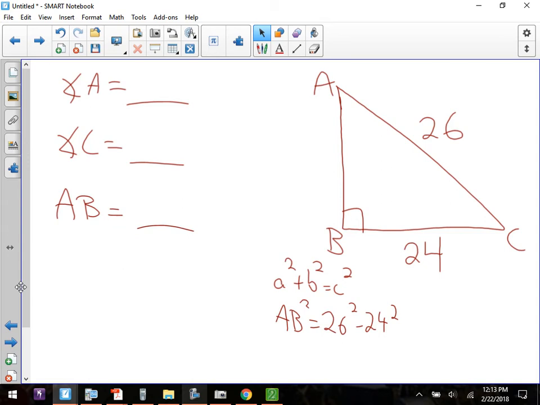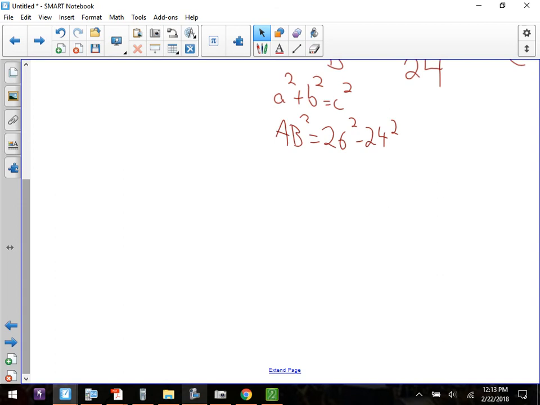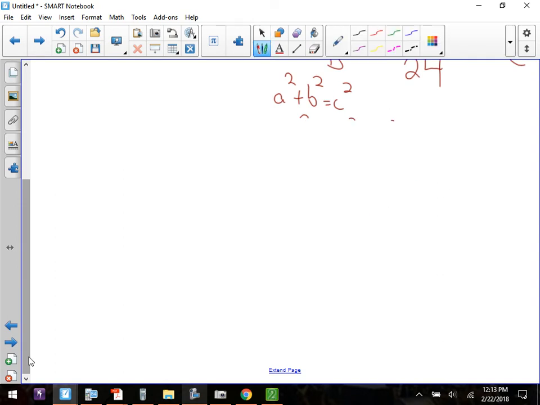So if you take 26 squared in the calculator, subtract 24 squared, you get the result. All I did here was rewrite this for a second. That A, we call that AB, because that's the side. I just wrote it down right away, knowing that I'd have to subtract that over.